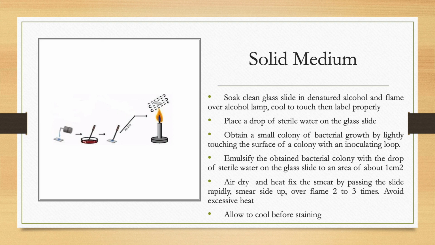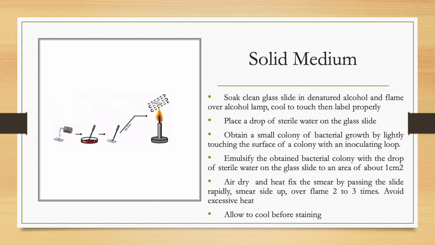Next, you obtain a small colony of bacterial growth by lightly touching the surface of a colony with your inoculating loop. However, if you are dealing with very tiny or pinpoint colonies, you can even take the entire colony. Then you emulsify the obtained bacterial colony within the drop of sterile water, and you spread that across the slide to an area of about 1 centimeter squared.